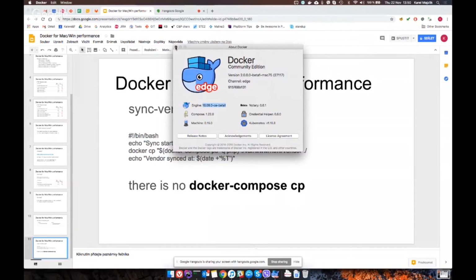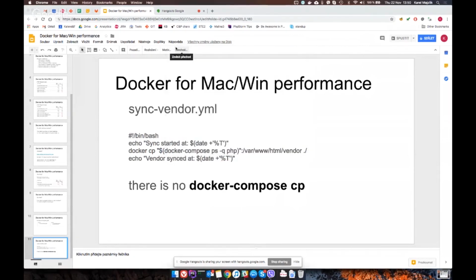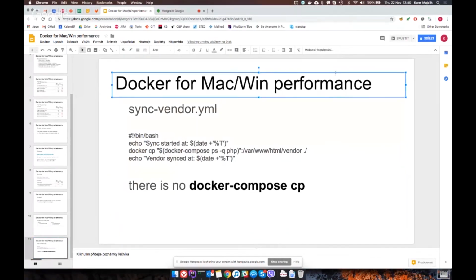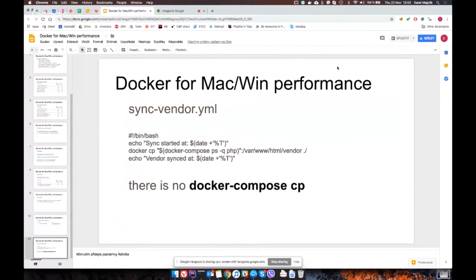Just one thing that I didn't even try was Docker Machine, because I have read about problems with, let's say, Xdebug and things like that, because it uses a VirtualBox machine, and there is a more complicated network layer. And what is that?